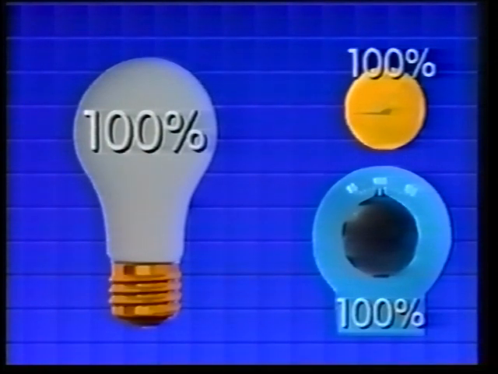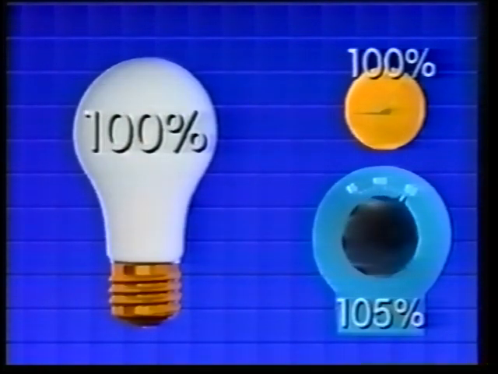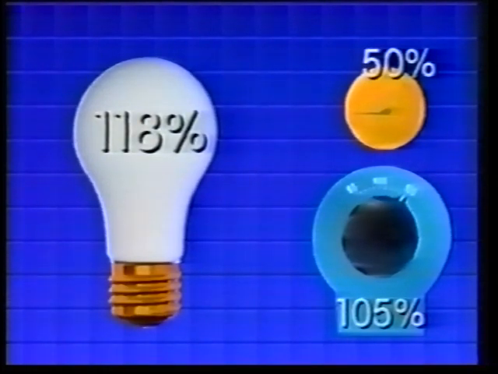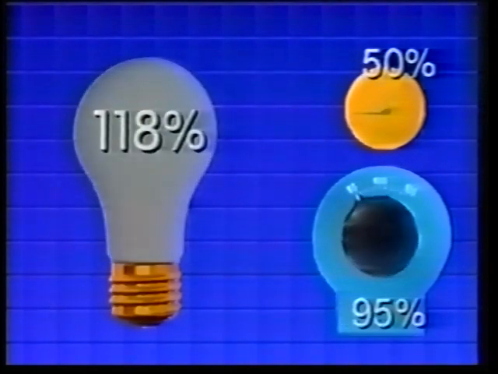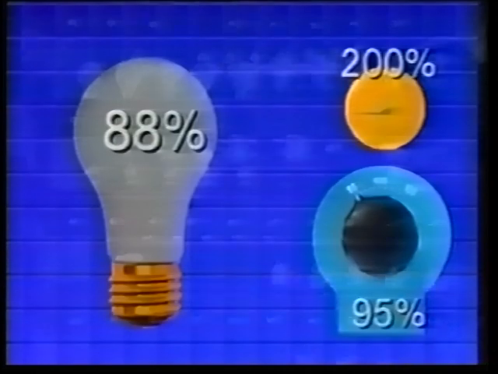For example, a 5% increase in voltage gives you an 18% increase in light output, but it reduces the lamp's life by almost half. Reducing the voltage reduces the light output and extends the life of the lamp. A 5% reduction in voltage produces 12% less light, but nearly doubles the life of the lamp.